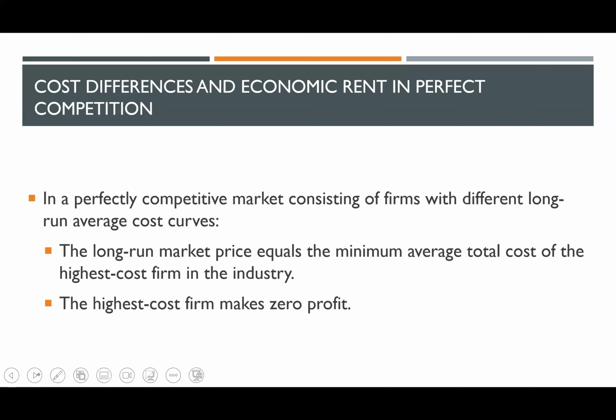As we relax this assumption of all of the firms having identical costs, now we have to think about for whom that zero profit condition holds in the long run. The reality is that in the long run, when there are more efficient firms than others, some will be earning a positive profit.